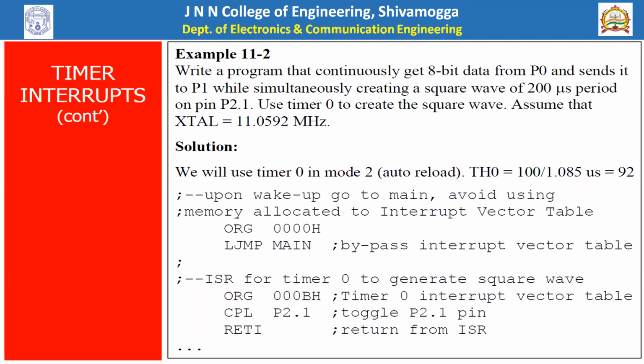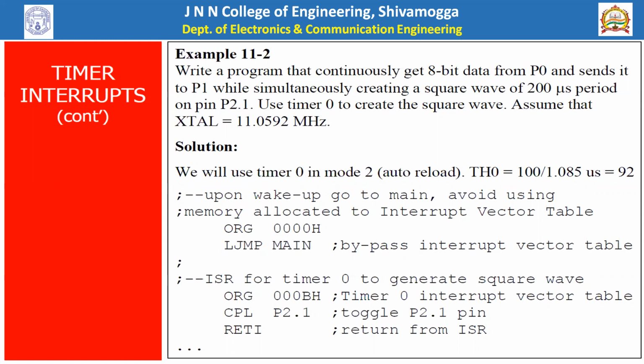So we will use timer 0 in mode 2, auto reload mode. TH0 should be loaded with 100 divided by 1.085 microsecond. Why is it 100? Because in a square wave of period 200 microseconds, the on period is 50%, that is 100 microseconds.